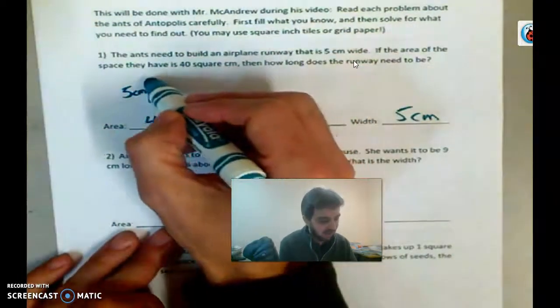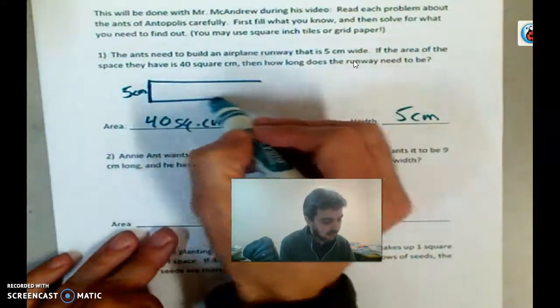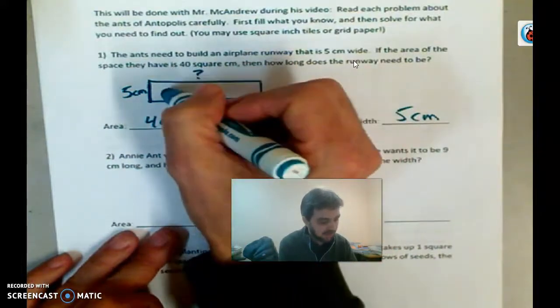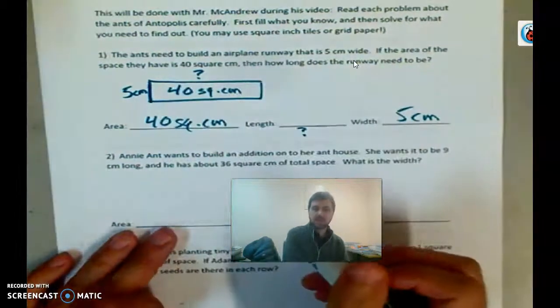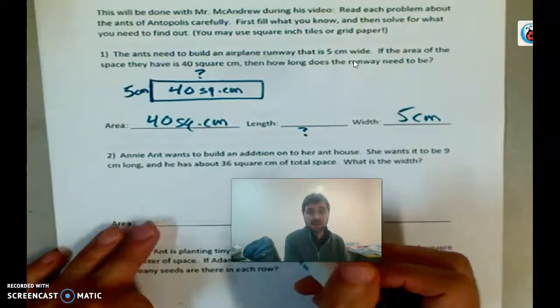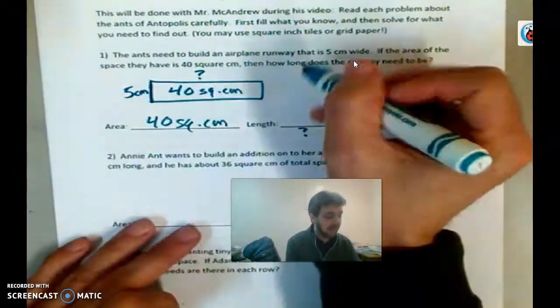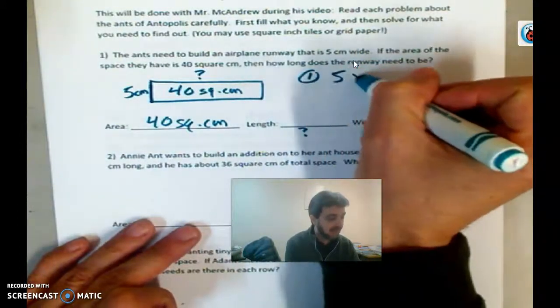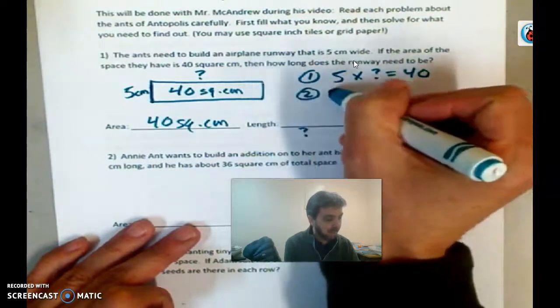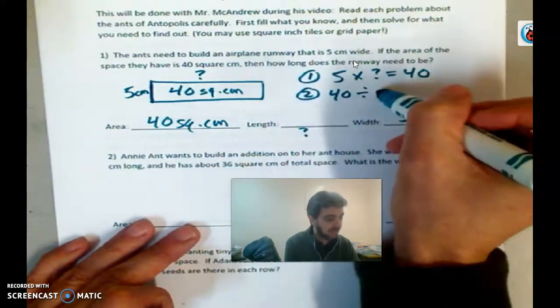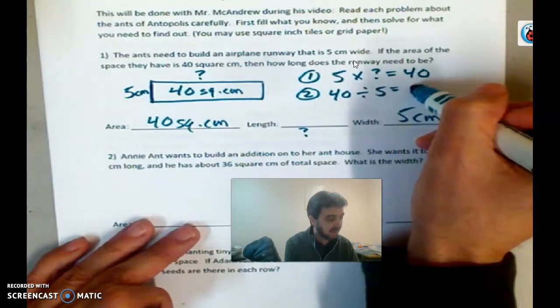Okay, so I know this is 5. I don't know what this is, but I do know that this is 40 square centimeters. And I know that I can think of this one of two ways. I can think of it either as 5 times something equals 40, or I can think of it as 40 divided by 5 equals the length.